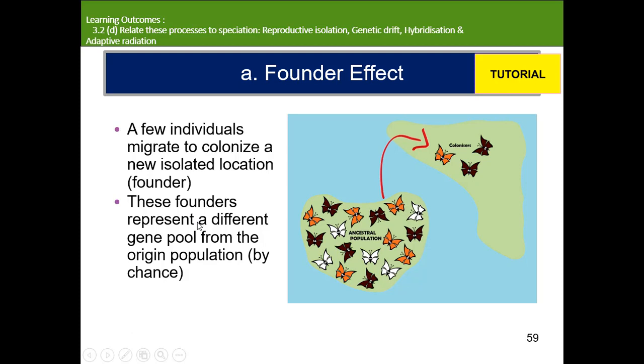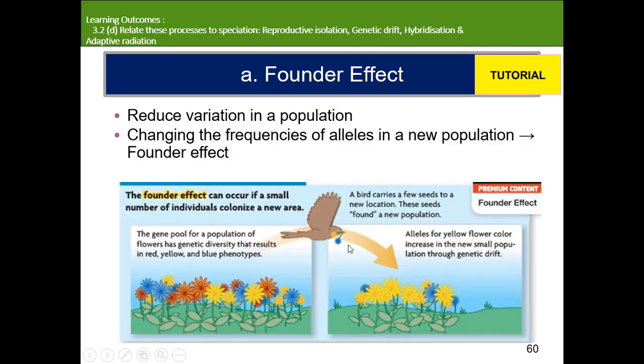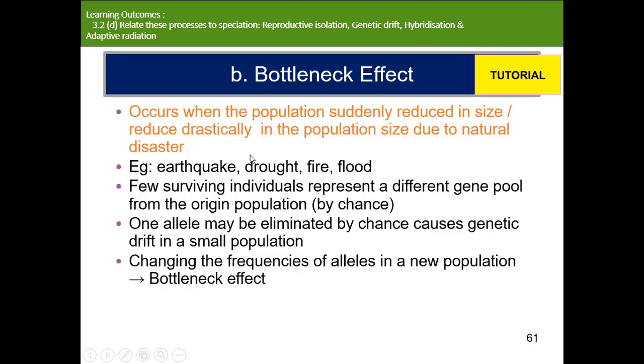These founders represent a different gene pool from the original population. So the founder effect reduces variation in the population. It can change the frequencies of alleles in a new population. So changes in the frequencies of alleles, we call it the founder effect.